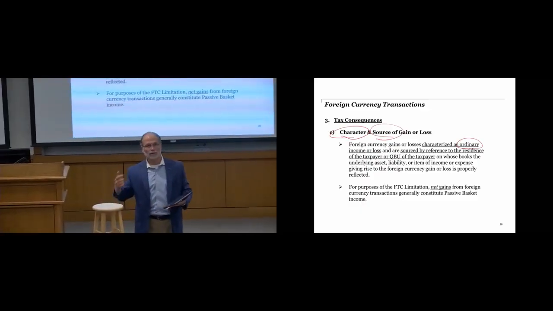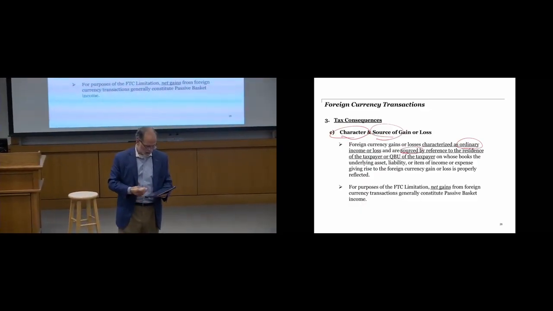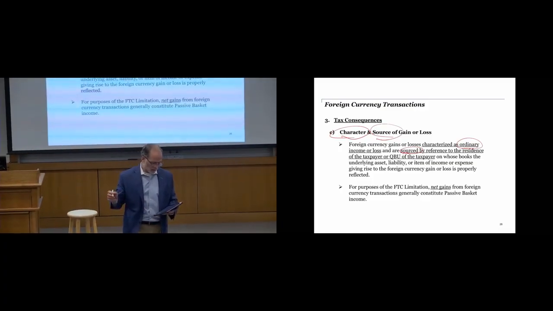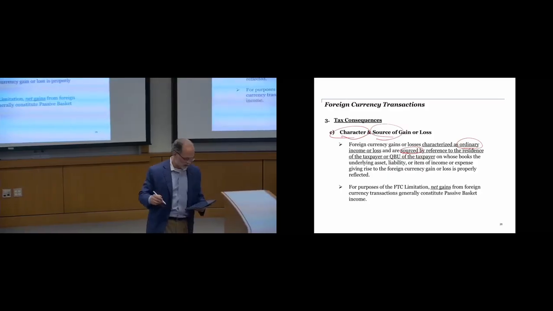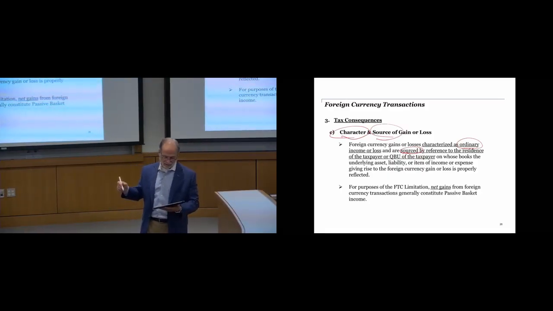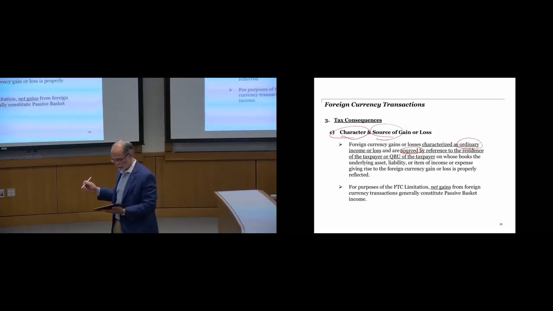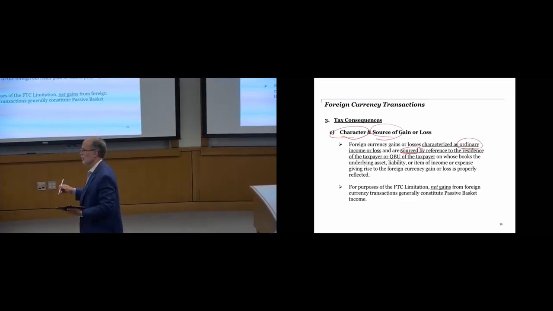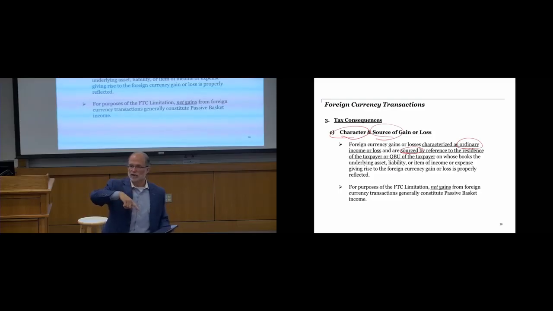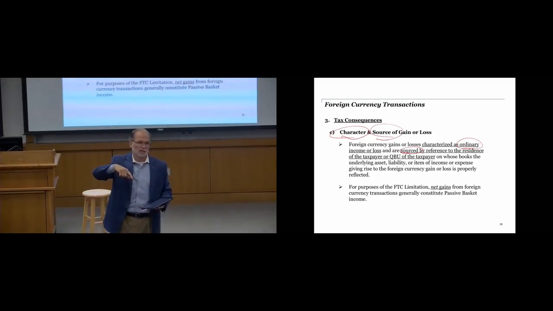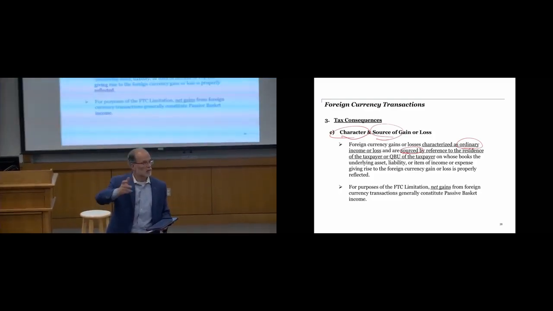So everything's ordinary here. And it's sourced by reference to the residence of the taxpayer or QBU of the taxpayer on whose books the underlying asset, liability, or item of income or expense giving rise to the foreign currency gain or loss is properly reflected. So why is sourcing important? Think back to our international taxation when we did foreign tax credit. Foreign source versus U.S. source is important.